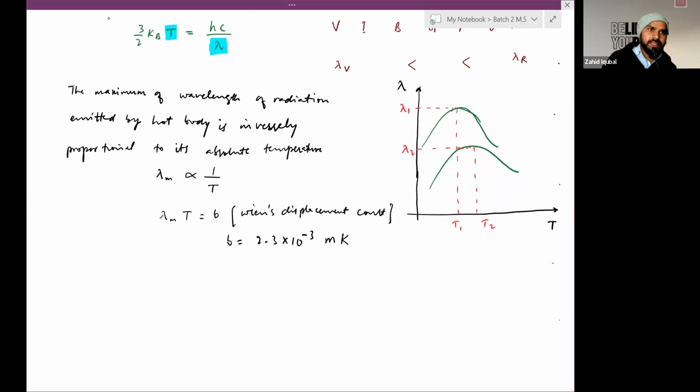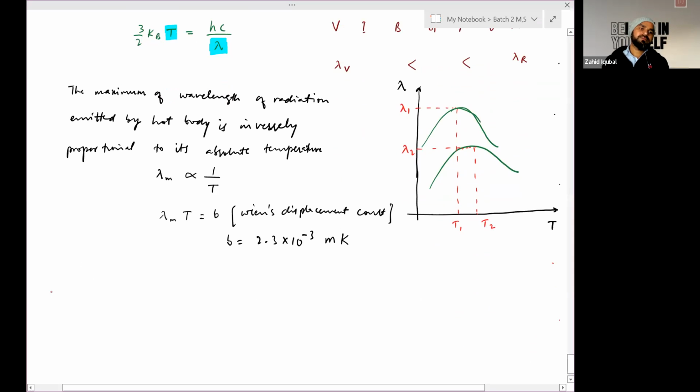Let me ask you a question related to this part. Suppose three stars P, Q, R are radiating as blue, red, and green.